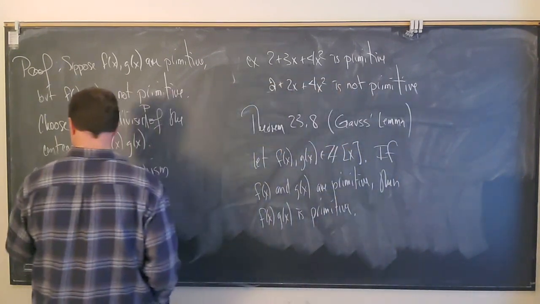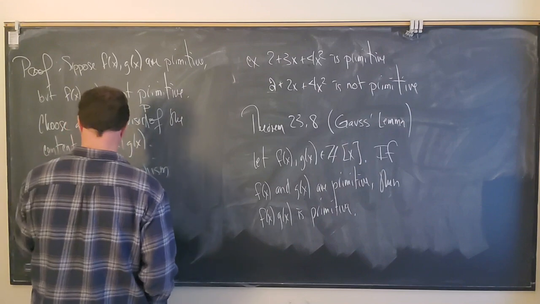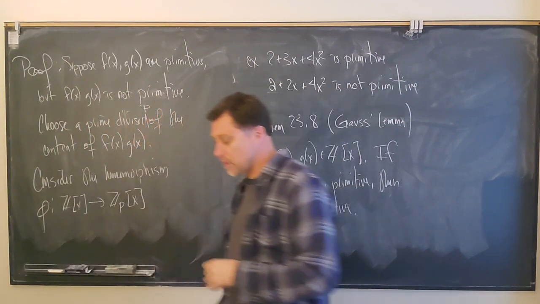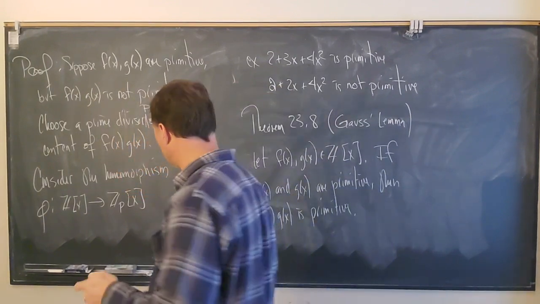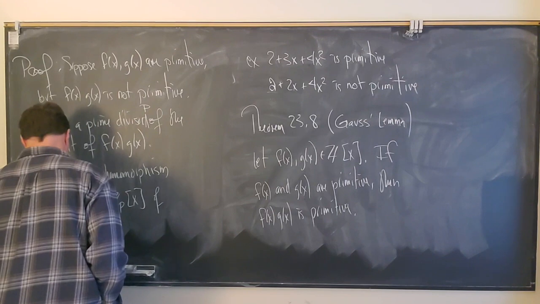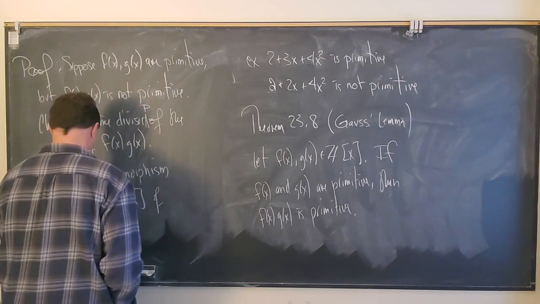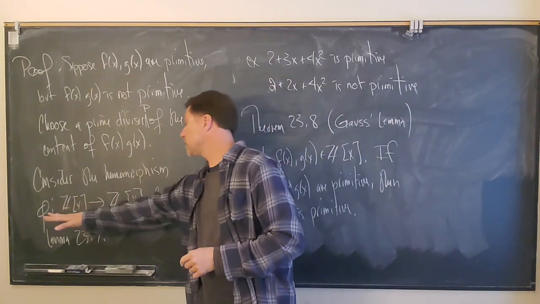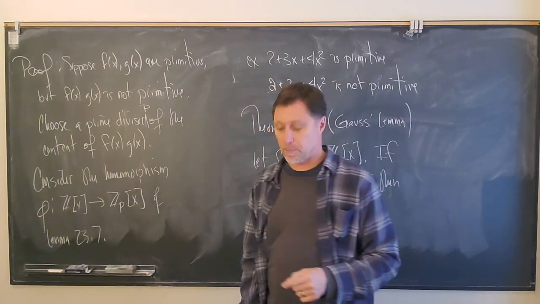Now we're going to go from Z[x] to Zp[x], and it's exactly the homomorphism that we had last time, lemma 23.7. In other words, we're going to take the coefficients of any polynomial here and reduce them mod p.